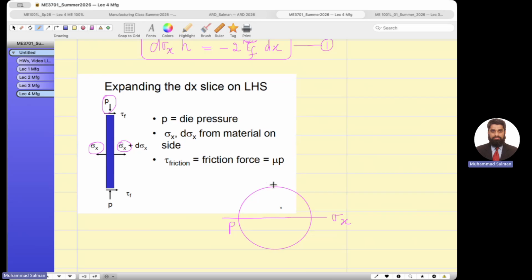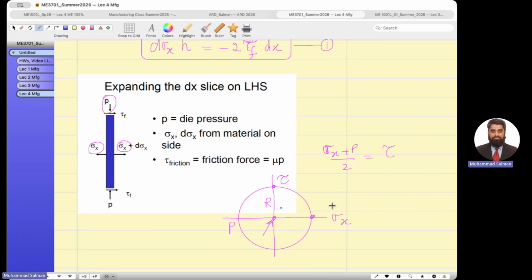Now these are my principal stresses where there is no shear stress. And this y-axis tells me the shear stress. And this radius, if you at this point, what is this point? The average. This point is the average, which equals, if you reach this average stress value, then you will start shearing the material.